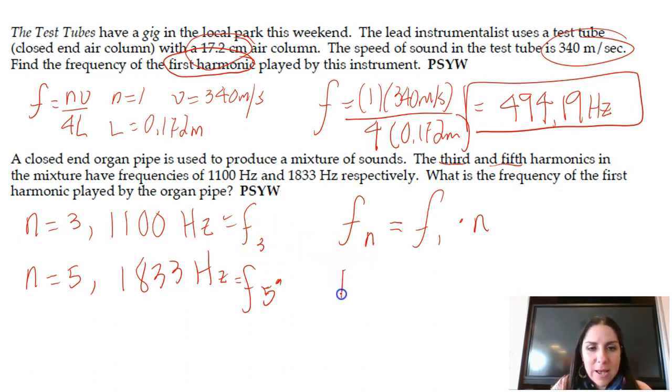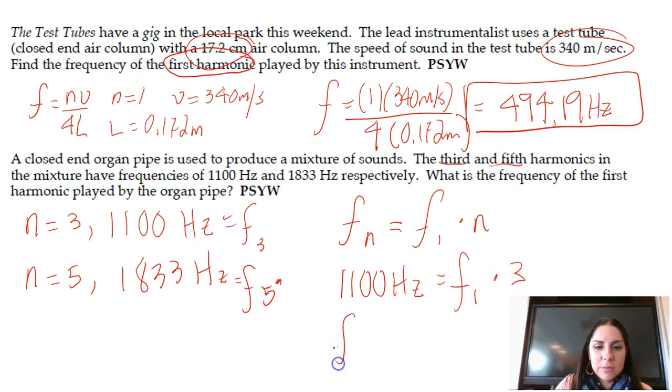So we know that at the third, that's our frequency. So notice I can solve for this. 1,100 divided by 3, I'm going to round, 366.67 hertz.